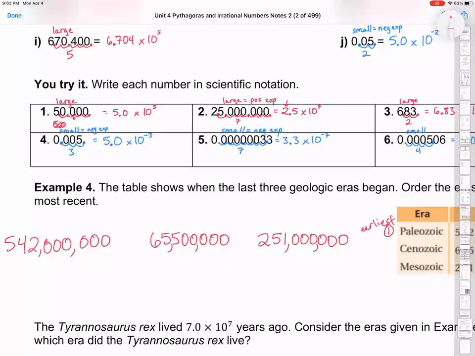Then the Mesozoic was 251 million years ago, so that would be placed at number 2 in time. And then the Cenozoic was only 65 million years ago, so that would be ranked as the most recent. So that is one way that you can do it.